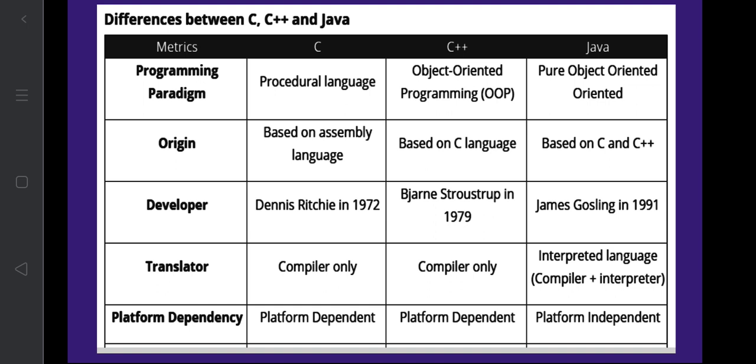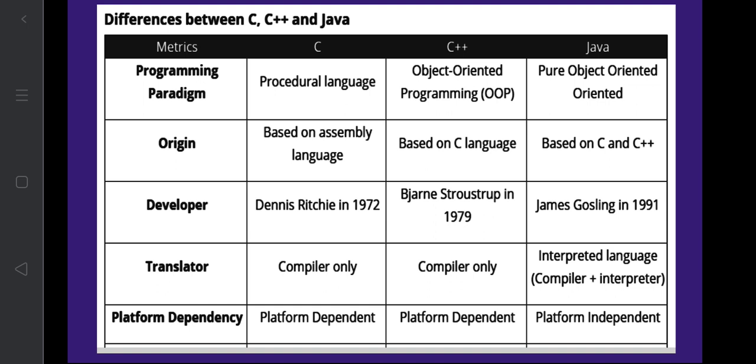Next one is origin. C is based on the assembly language, because C is called a middle level language. It is used to write both lower level, machine level language programs as well as high level language programs. So it is based on the assembly language, whereas C++ is based on the C language, and we say that C++ is the enhancement of C, and then Java is based on C and C++.